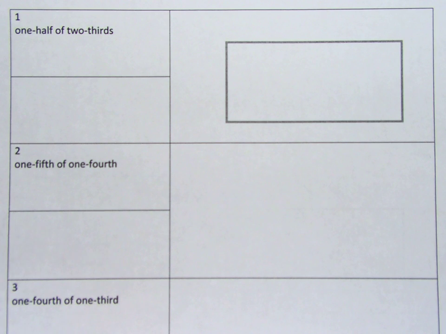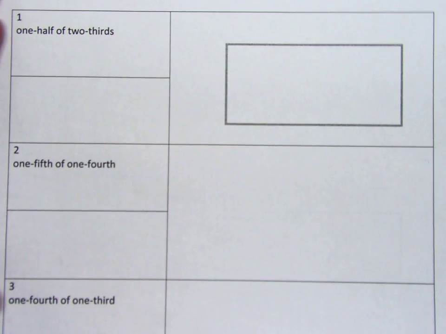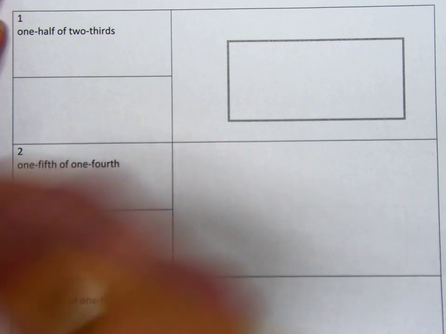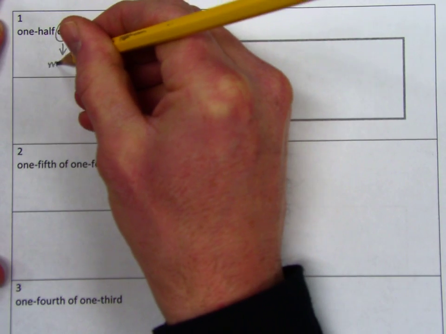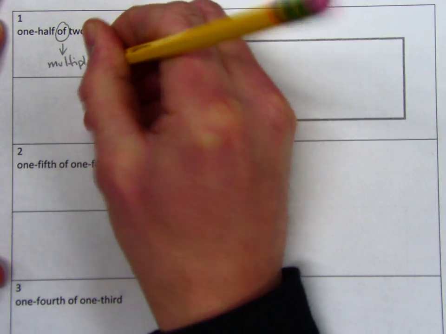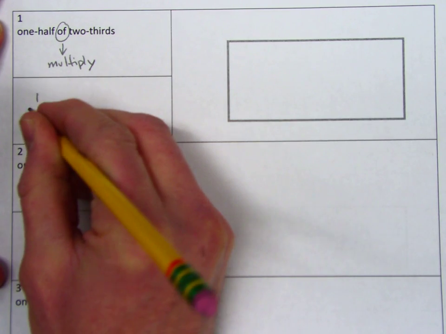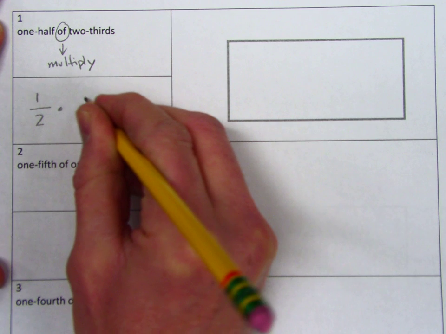So the students are going to see a worksheet like this, and there'll be a word expression up here, 1/2 of 2/3. They need to understand that the word "of" always means multiply. And then they need to write this so that it's 1/2 of 2/3.